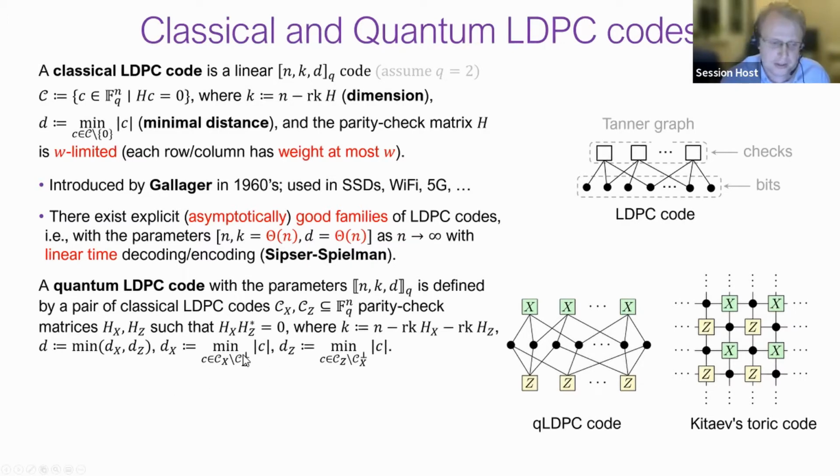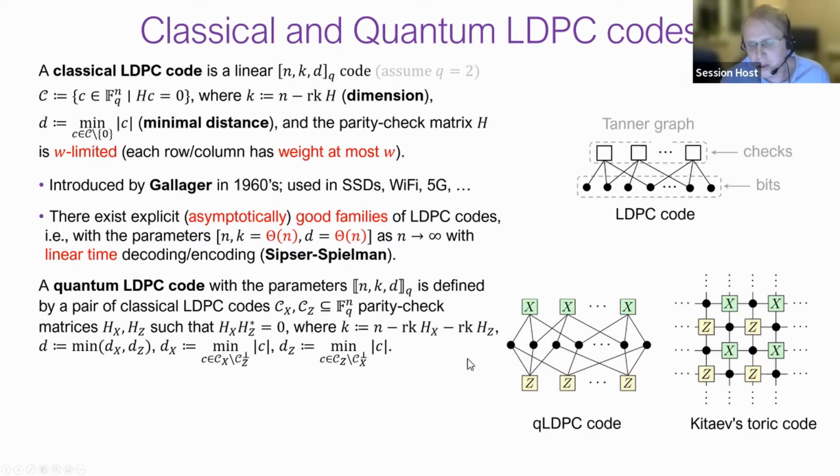There is a difference because in quantum codes we have some errors that we do not need to correct. These errors correspond to stabilizers, and that is why the minimal distance is defined in a slightly different way.